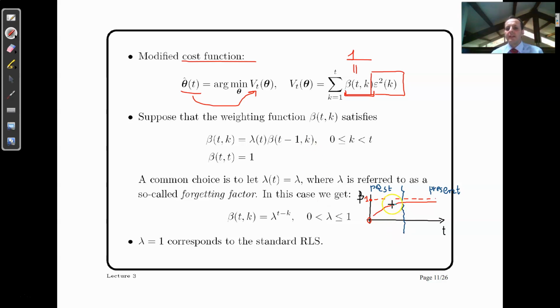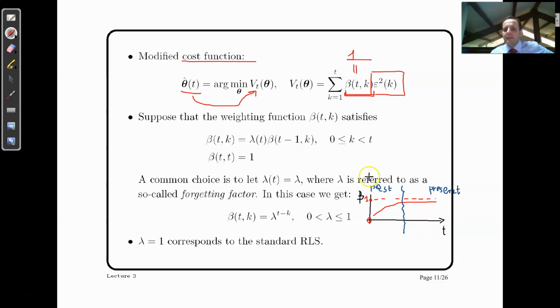These data are multiplied by a number which goes to 0, so they are no longer affecting your cost function, which is really the effect we need to have in this solution.